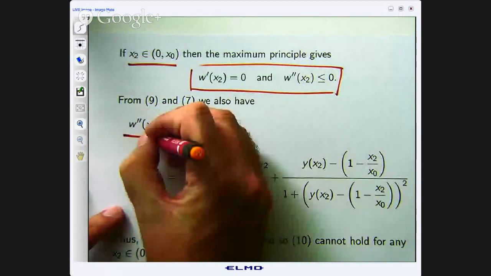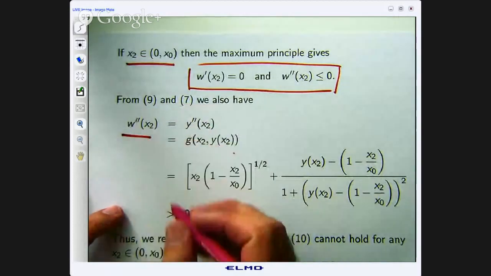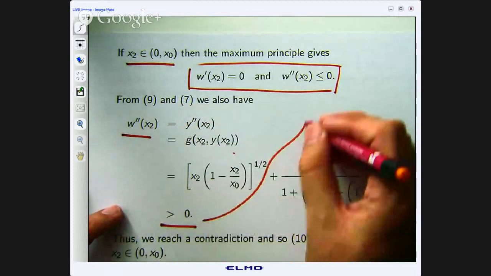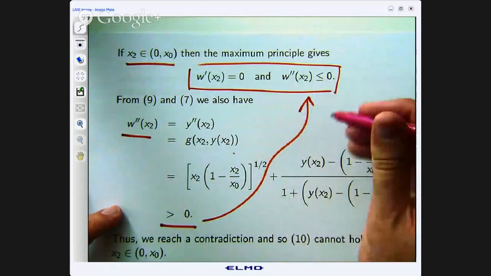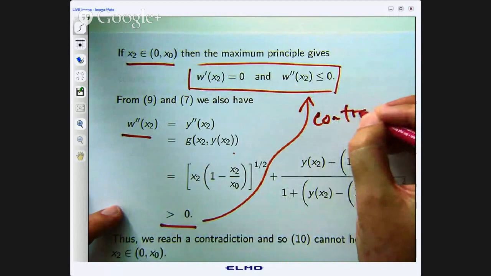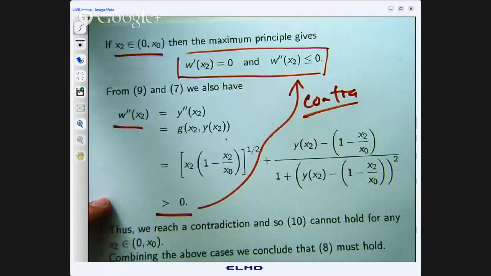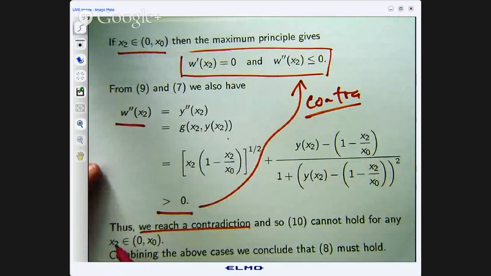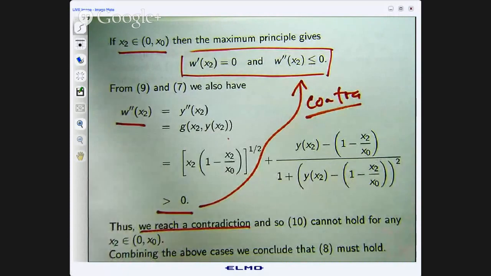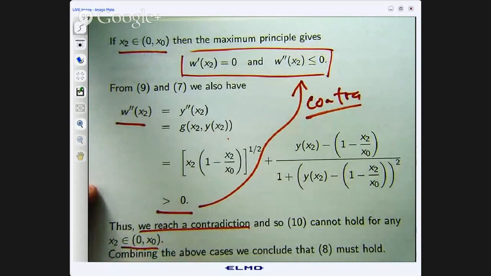So we get W double prime at x2 is positive, but we know that W double prime at x2 is not positive. So it is another contradiction, similar to the ideas in the proof of theorem 1. So we reach contradiction. So x2 can't be the left-hand endpoint, the right-hand endpoint, or occur in the interior.